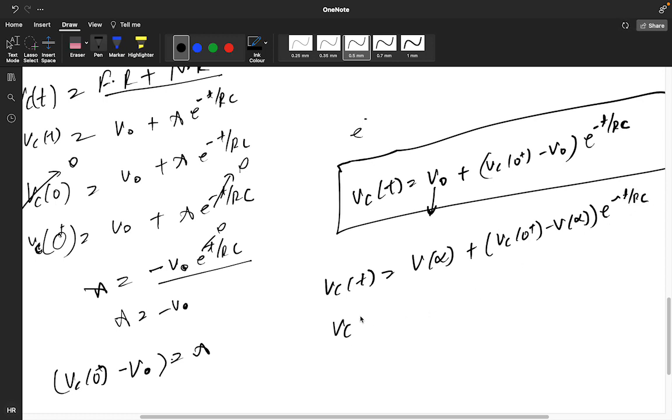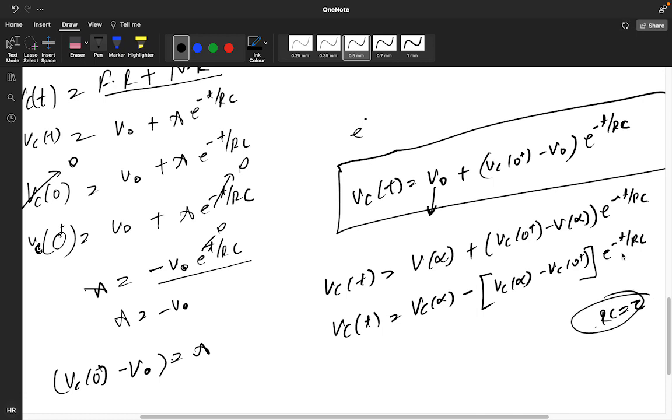We can write this equation another way: Vc of infinite, taking minus common, Vc of infinite minus Vc of 0, plus e power minus t by RC, and RC is your tau value. So you can write Vc of t is equal to Vc of infinite minus Vc of infinite minus Vc of 0 plus e power minus t by tau.